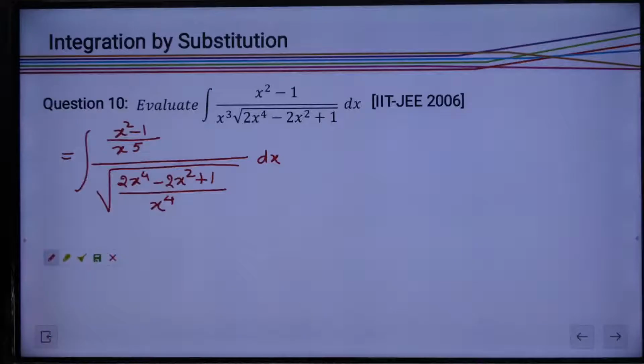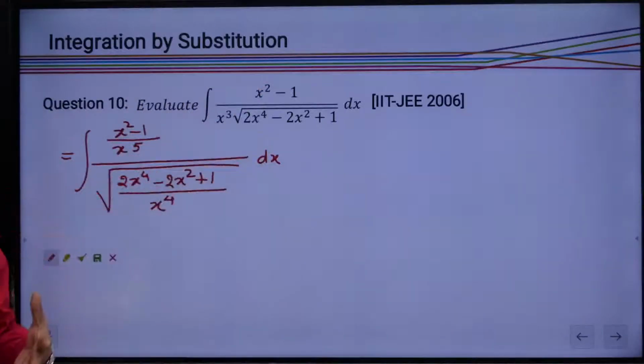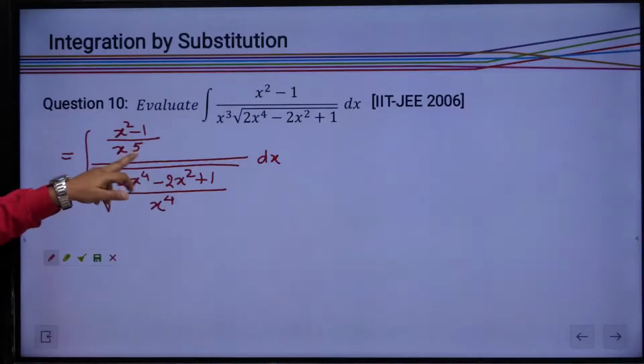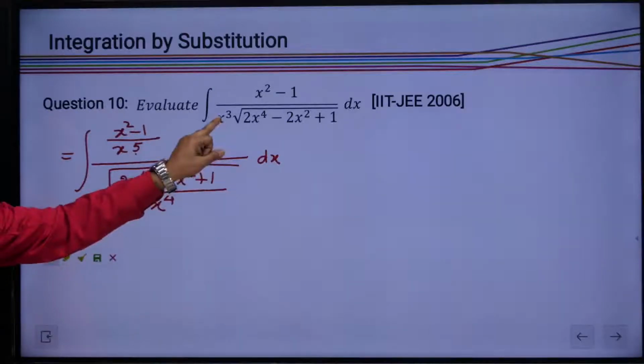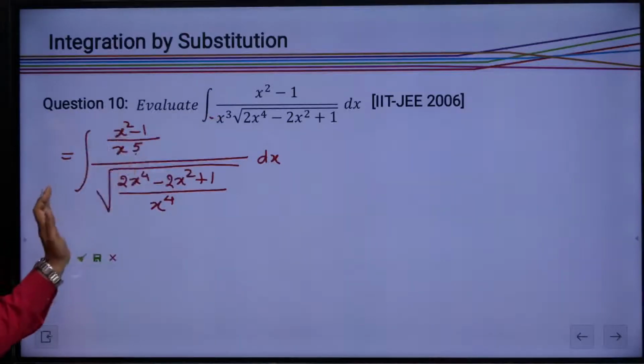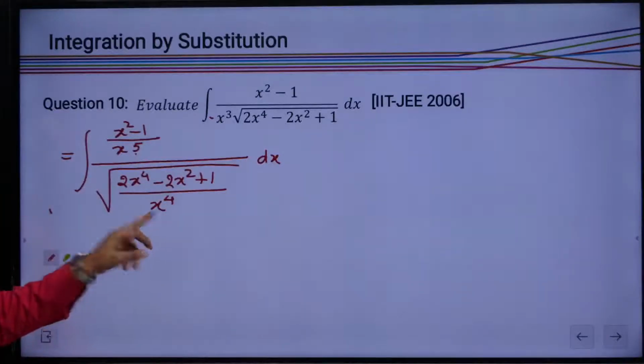We'll divide the numerator and denominator both by x to the power 5. So when we are dividing the numerator by x to the power 5, it is here, and when we are dividing the denominator by x to the power 5, x cube will be cancelled out and the remaining x square will be taken into the square root sign, and that becomes x to the power 4.